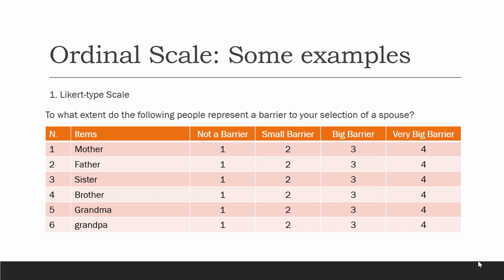So we also provide codes, 1 representing not a barrier, 2 small barrier, 3 big barrier, 4 very big barrier. Possibly we can provide a clearer instruction by indicating to the respondent that they can just call a number that reflects their true opinion for each of the items here. The items include mother, father, sister, brother, grandma, and grandpa.